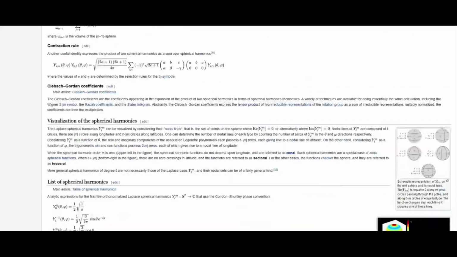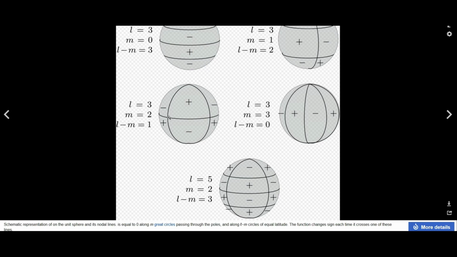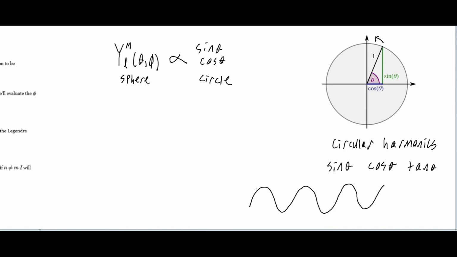And if we go down here, this is what it looks like for these different values of L and M. So we see that we have plus minus, which is similar to what we have here on circular harmonics. So our x-axis would be here, and we are going between plus and minus and plus and minus.